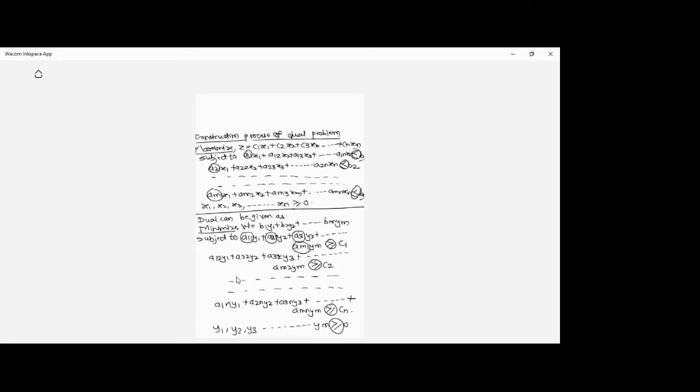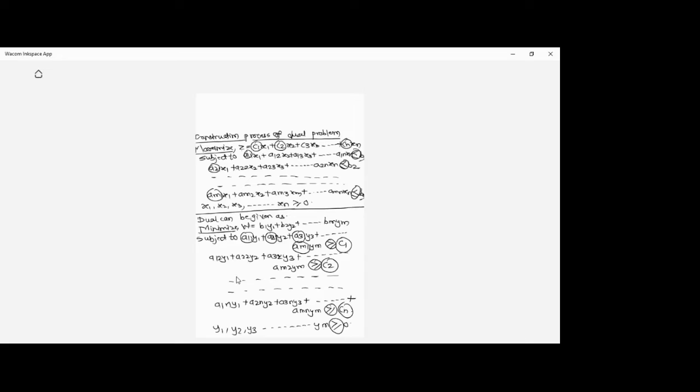And c1 is nothing but the coefficient of x1 here. Similarly, c2 is the coefficient of x2, and similarly cn is the coefficient of xn. So there is a relationship appearing.